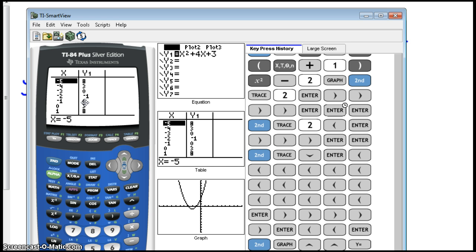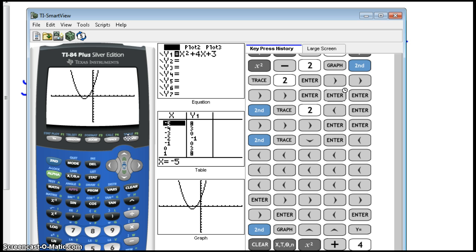Now, if it didn't show up in the table, we could also calculate it. If it wasn't an integer, it won't show up in the table exactly. So we can also calculate it with the graphing calculator.